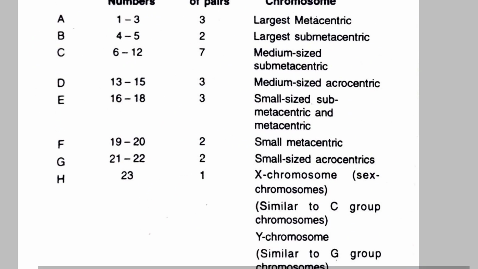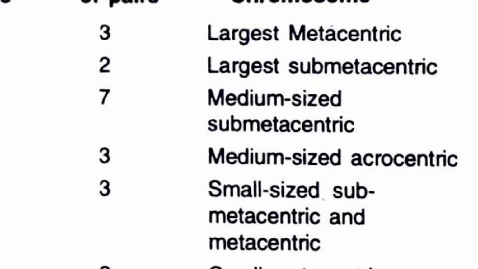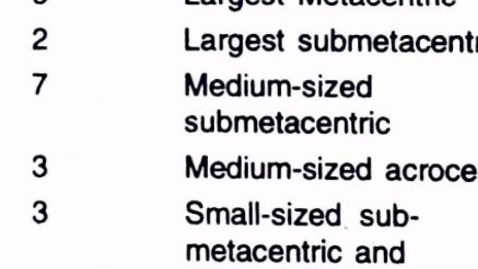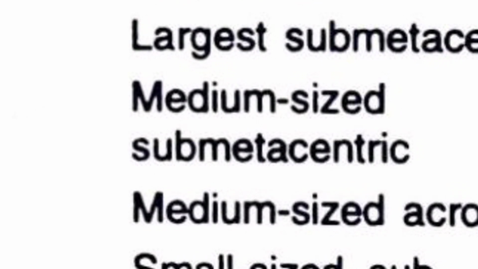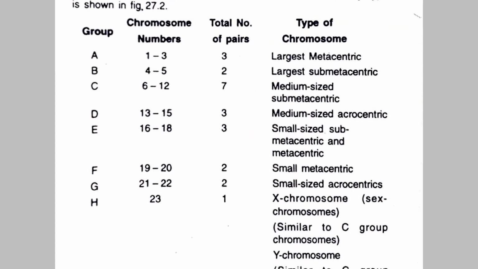And what is the C group? So medium size submetacentric. So in women, we can say that there are two medium size submetacentric chromosomes present in 23rd pair. That is the meaning of this thing.